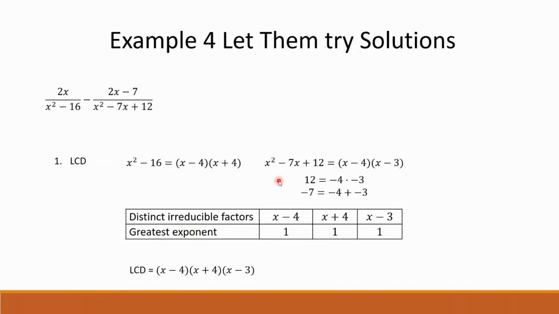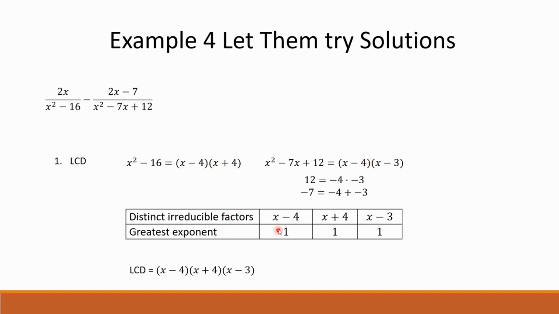So from here, we get our irreducible factors: x minus 4, x plus 4, and we also have x minus 3, as you can see. Now from here, we need the exponents. Well, x minus 4 has an exponent of 1. This one also has an exponent of 1.